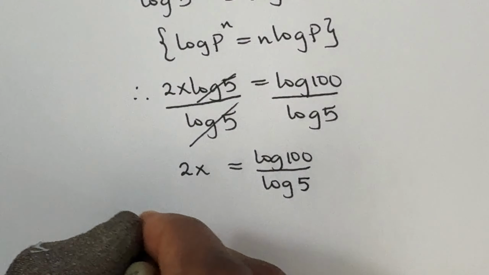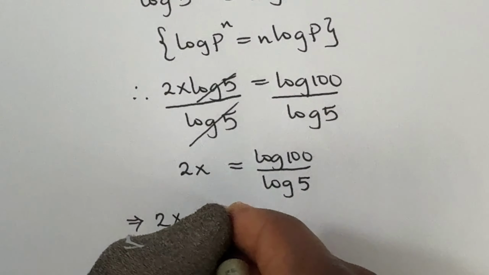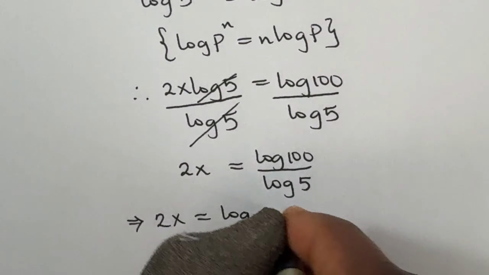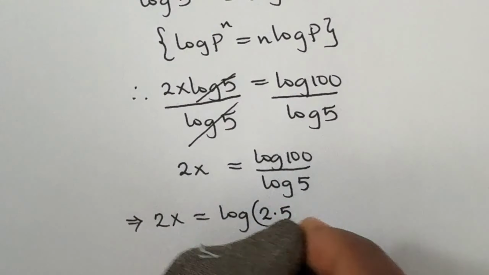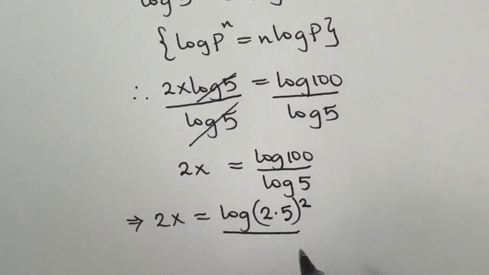I can rewrite this expression here as log 2 times 5, which is 10, and we all know 10 squared is 100, and then divide by log 5.